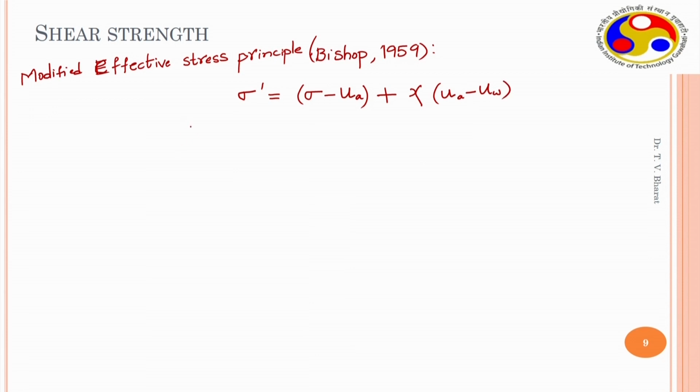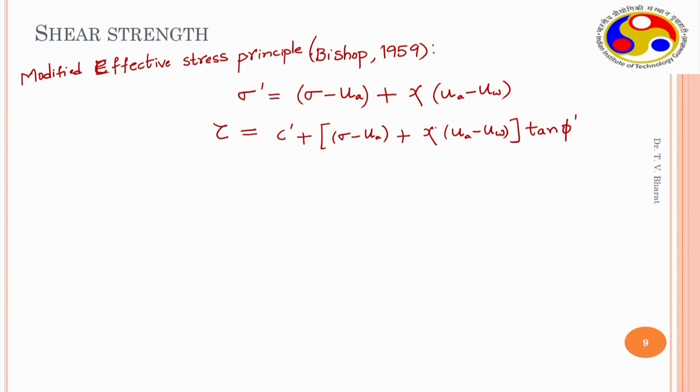And when you substitute in the Mohr-Coulomb equation, or simply the Coulomb principle, the modified theory is tau F at failure equals C dash plus sigma minus UA plus xi (UA minus UW) into tan phi dash.